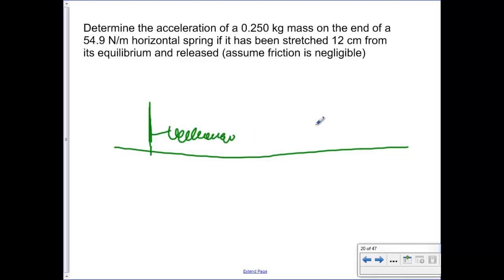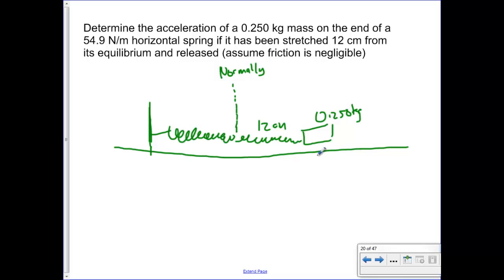And the spring has been stretched out. Normally, this is where the spring would go to. But now we've stretched the spring all the way out an extra 12 centimeters. And there's a mass on the end of it that's 0.250 kilograms. What would happen if I let go?